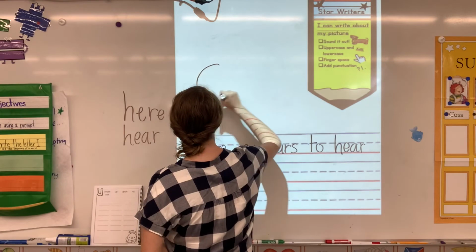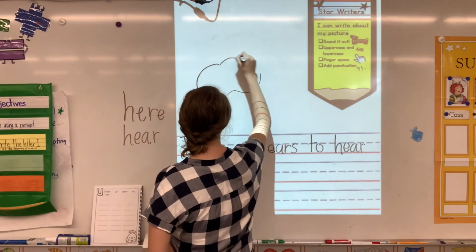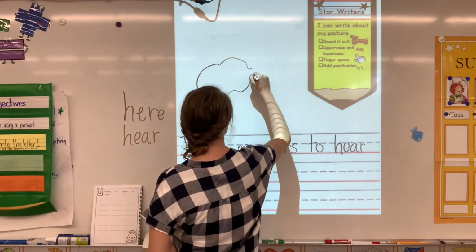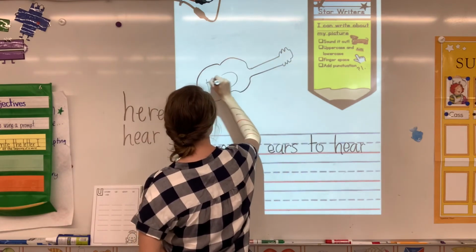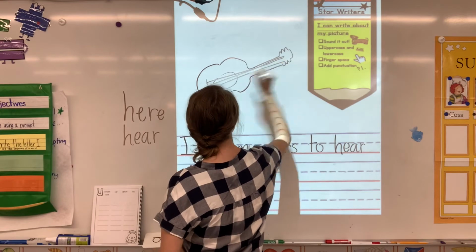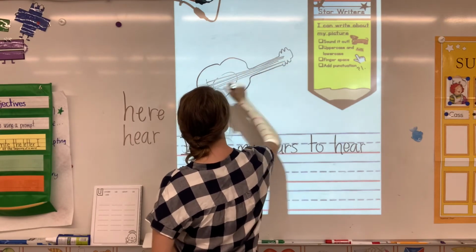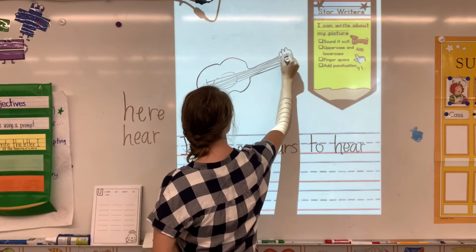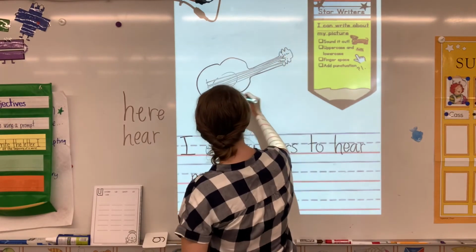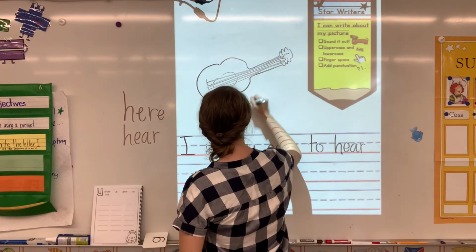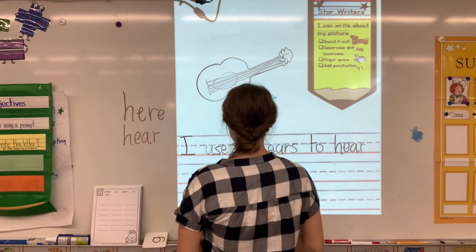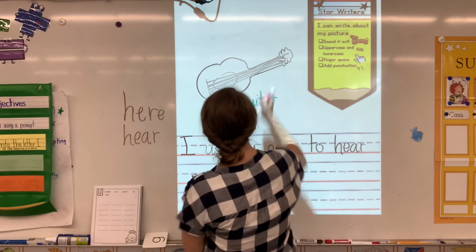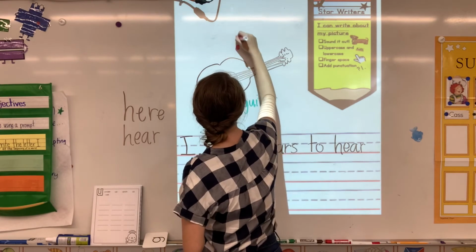Now, a guitar kind of looks like this. I'm going to label this guitar because that is one of the things that I really like to hear in music. And I'm going to draw some music notes.